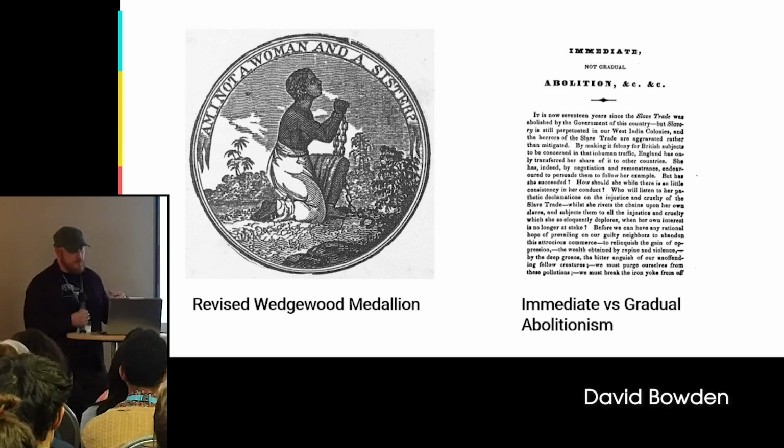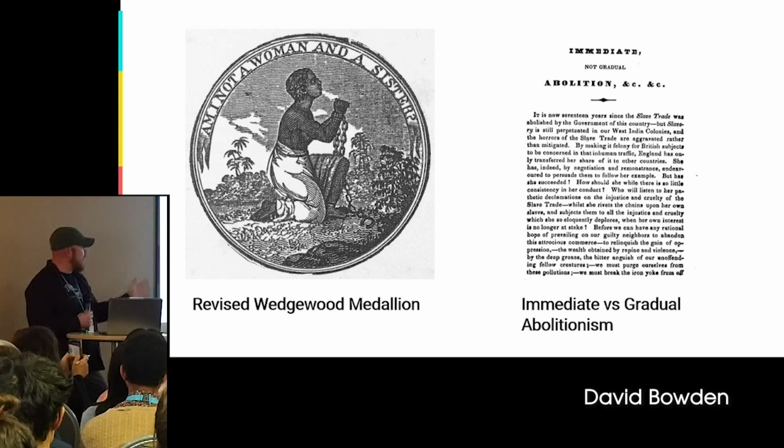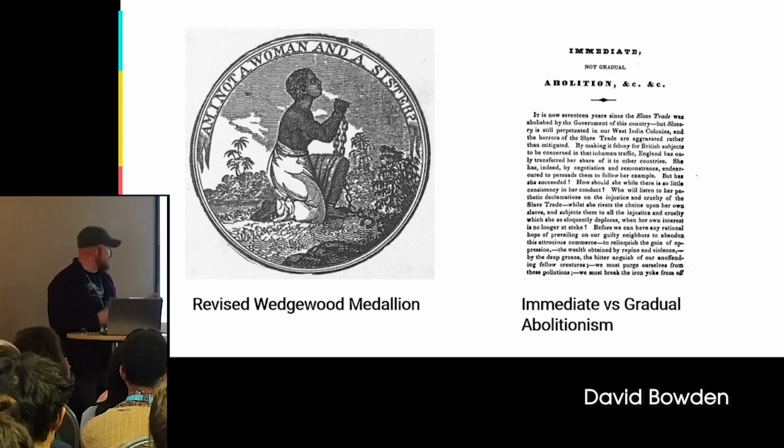Whereas the women and the younger men were more radical, and they were pushing for immediate abolitionism. Elizabeth Heyrick wrote a very influential pamphlet called Immediate, Not Gradual Abolition, and this made a big splash in the movement, and it was really pivotal in pushing the movement towards immediatism.